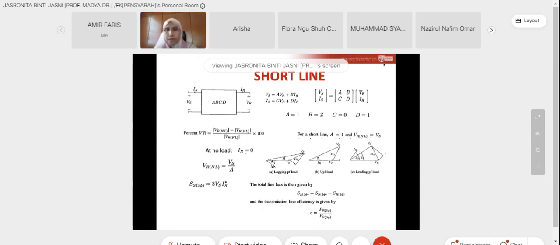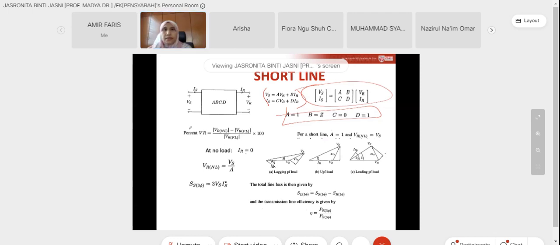So this is the matrix for the short line. Please remember this. For short line, A equals 1, B equals Z, C equals 0, and D equals 1, coming from this equation.